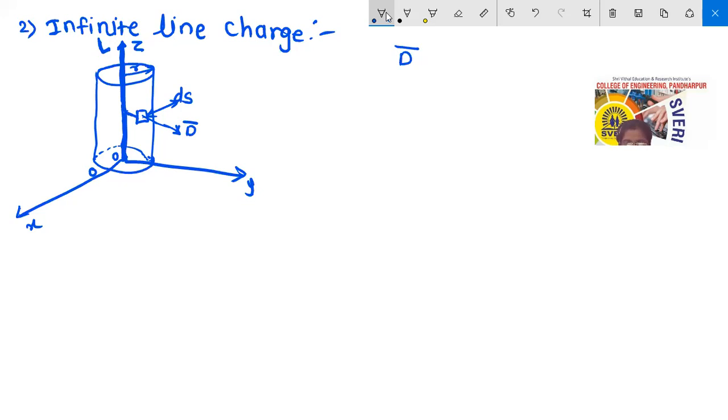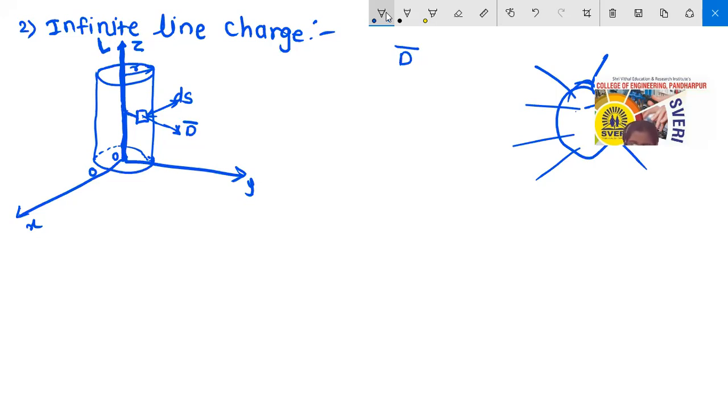Actually, the number of charges we considered in one sphere, the different charges will cross this sphere. When these are crossing this surface area, that is nothing but your D bar.